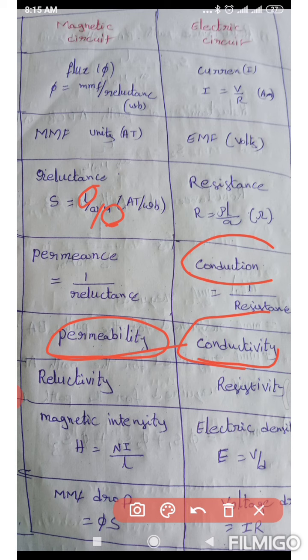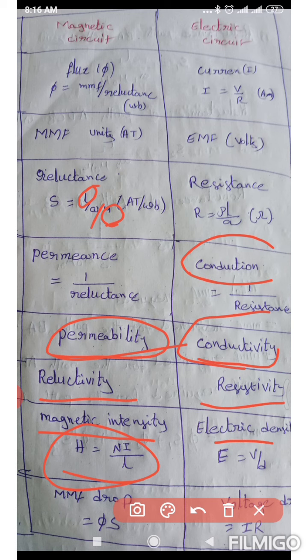Next, resistivity. In magnetic circuit we use reluctivity. These two have the same property. And next, in the electrical circuit it is defined as current density. Similarly, in magnetic circuit it is expressed as magnetic intensity, H is equal to N into I by L.